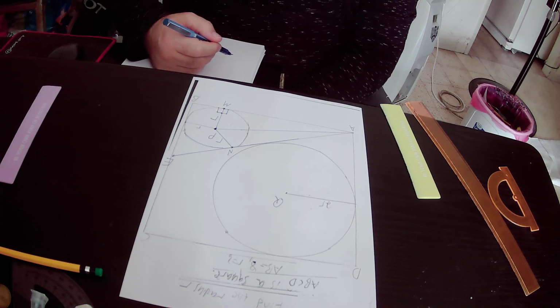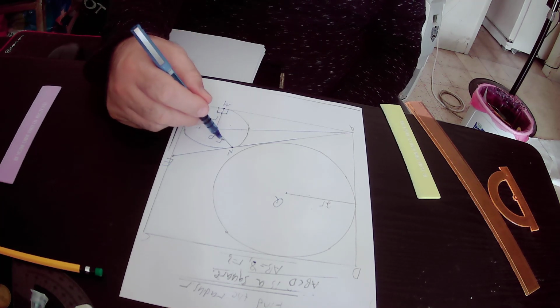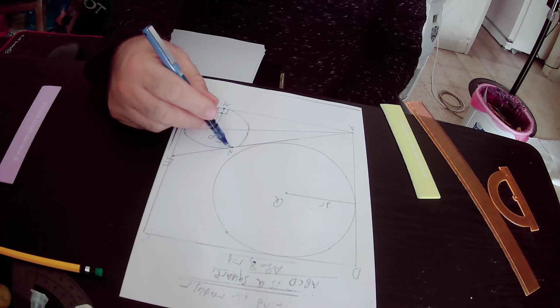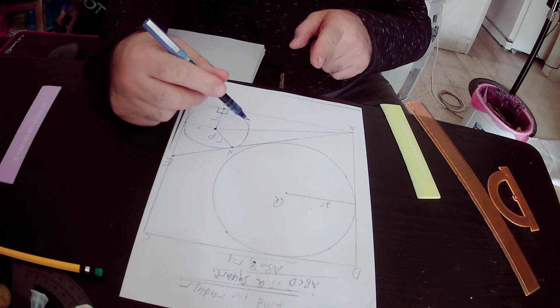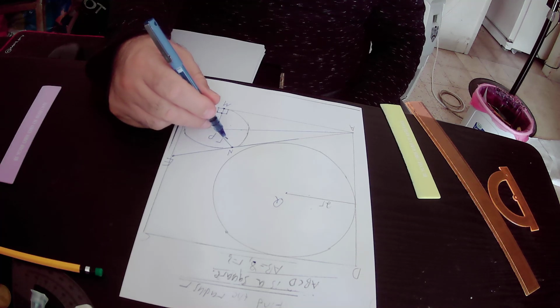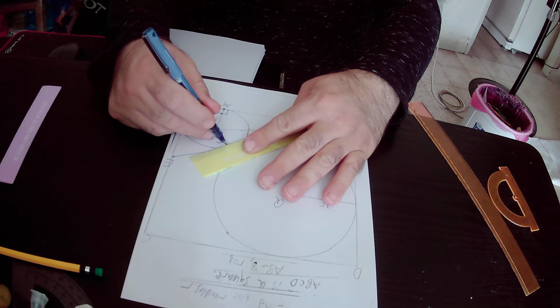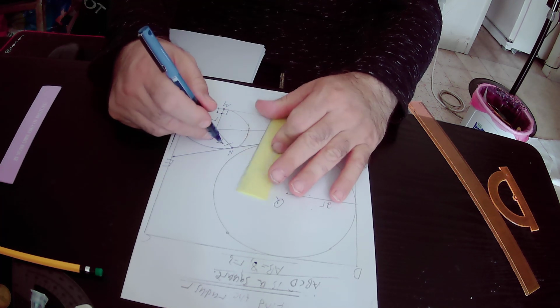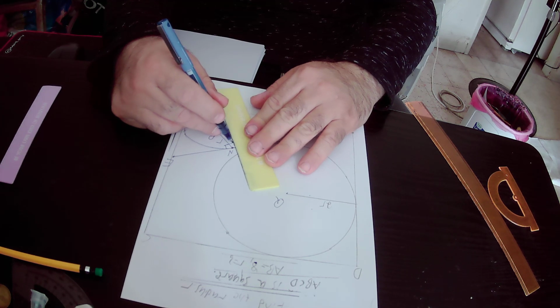And for the same reason, we have this radius drawn to the point of tangency, point N. Therefore, the tangent AE will be perpendicular to this radius, that is to say, this angle equals 90 degrees and this angle also equals 90 degrees.